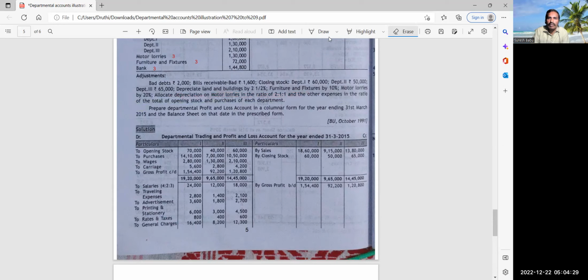So what shall we do here when we draw? It is very important. We need to prepare one ratio, see, I have been underlining here. One ratio we need to find out to apportion the expenses, like first opening stock and purchases of all the departments.